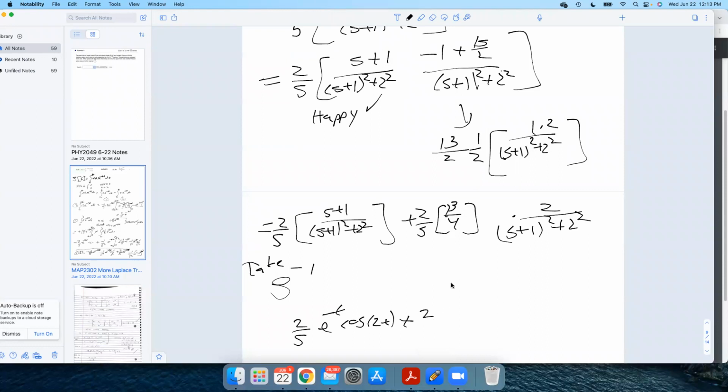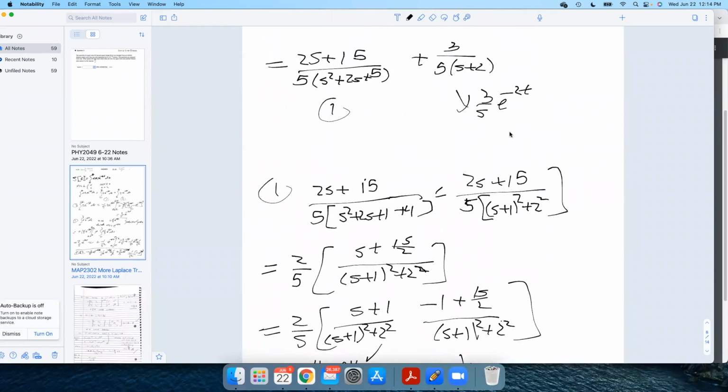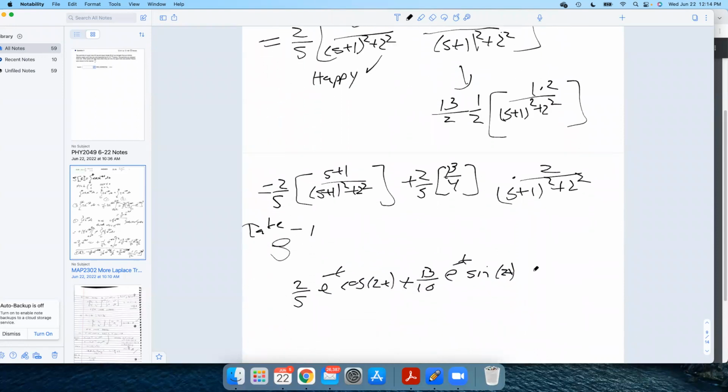Let's see, what are we going to get? 13 over 10. That's the exponential times a sine. And then we can't forget about that other guy we did earlier, this guy here, 3/5 e to the negative 2t.